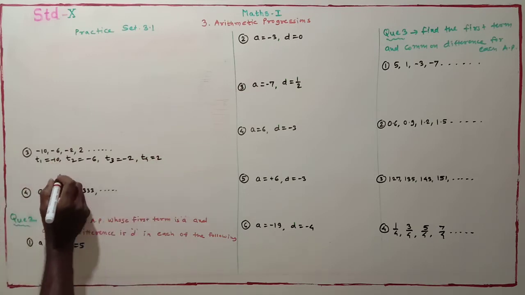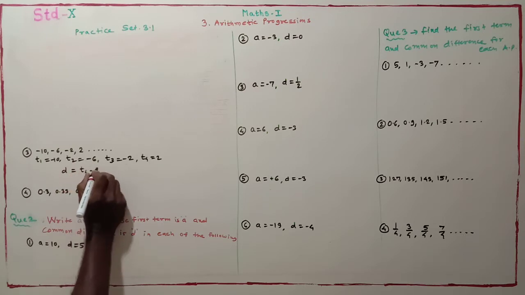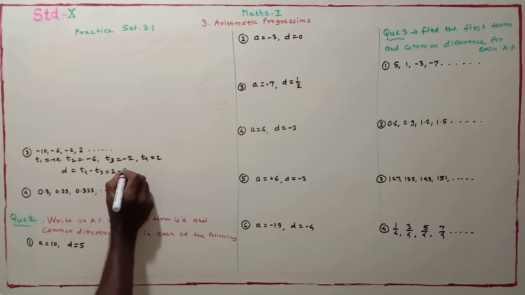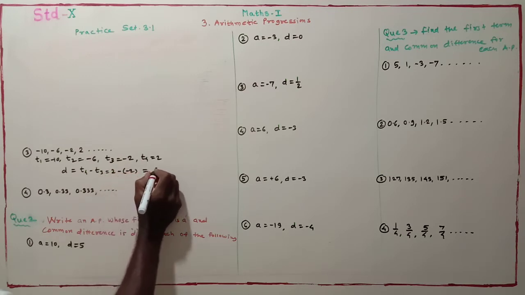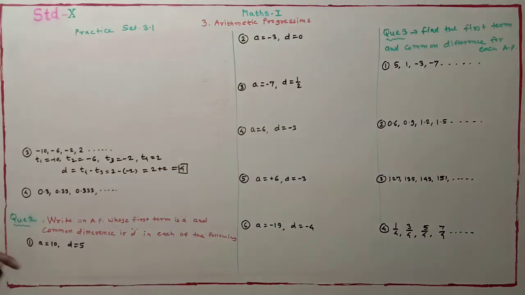Common difference D is equal to T4 minus T3. T4 is 2 minus minus 2 is 2 plus 2, which is 4.